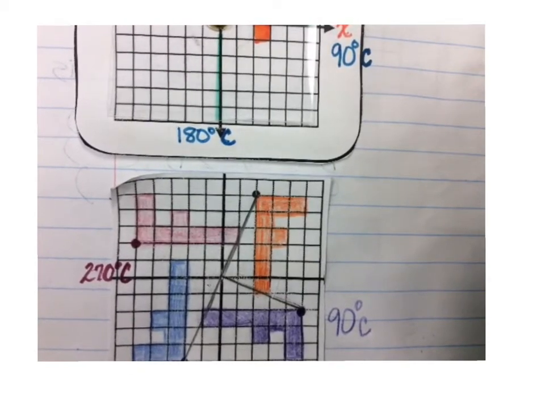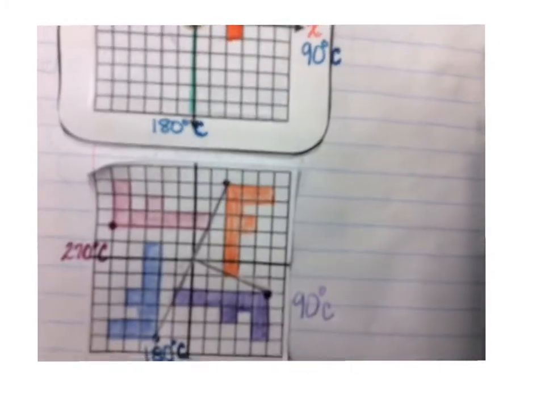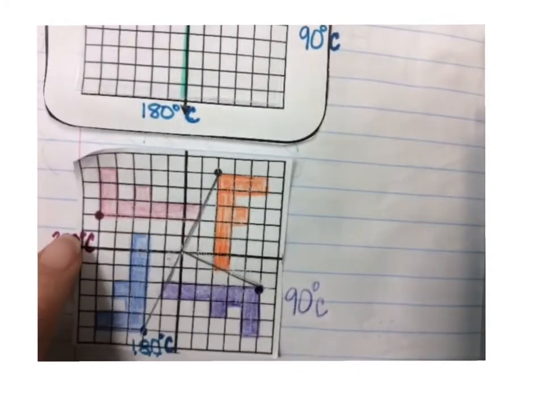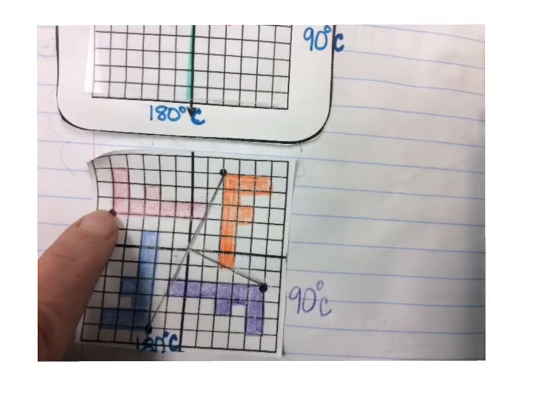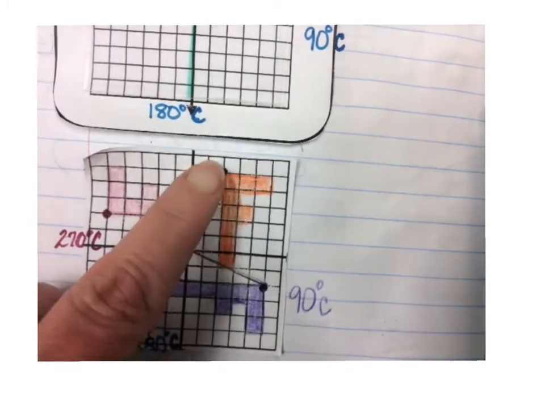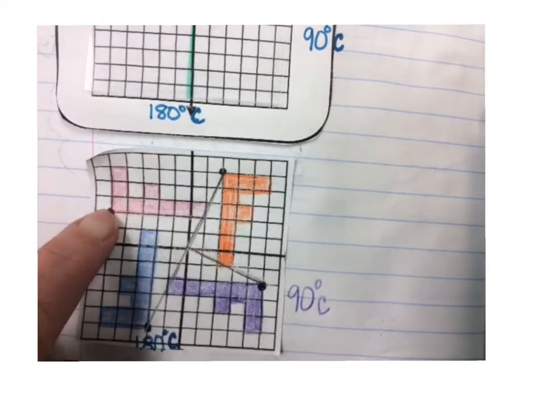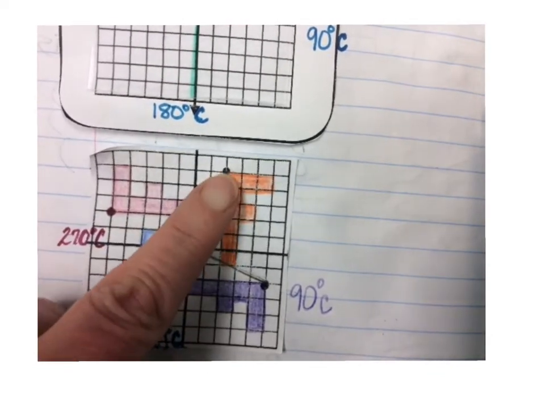And again, I am going to take my pencil, and I can also draw a line from here to my origin, and then from the original point to the origin, and it will form a 90-degree angle.